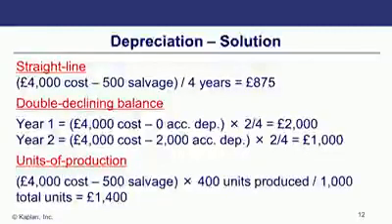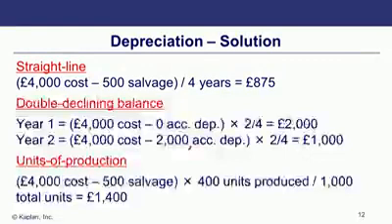Double declining balance, year one, of course, the net book value is simply equal to cost, 4,000. So 4,000 times 2 over useful economic life of 4 years gives us a depreciation expense of 2,000 in year one.